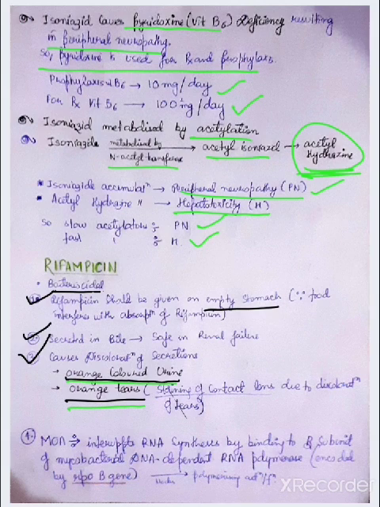The mechanism of action of rifampicin is that it interrupts RNA synthesis by binding to the beta subunit of mycobacterial DNA-dependent RNA polymerase, encoded by the rpoB gene, which blocks the polymerizing function.